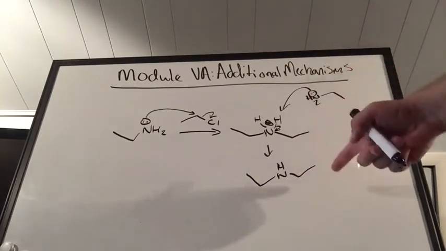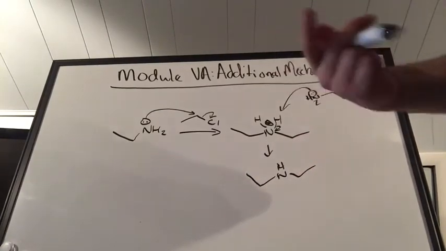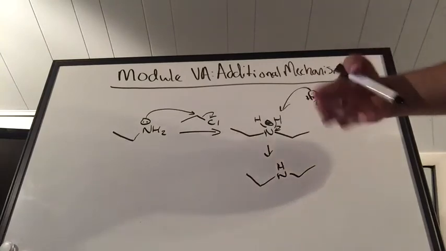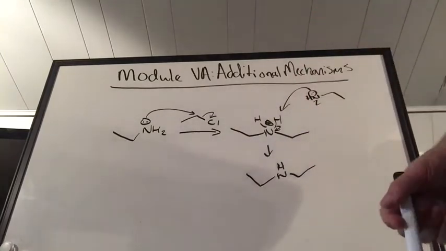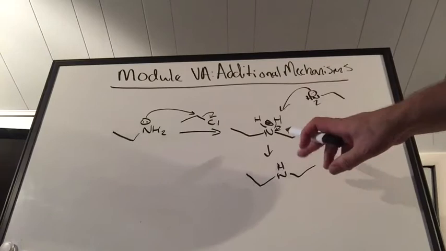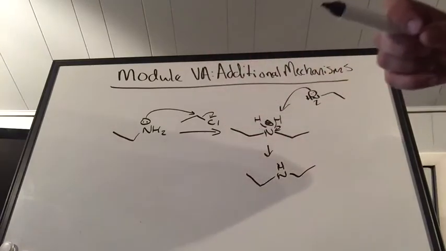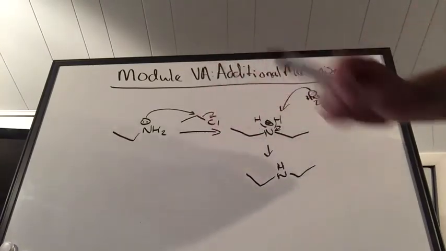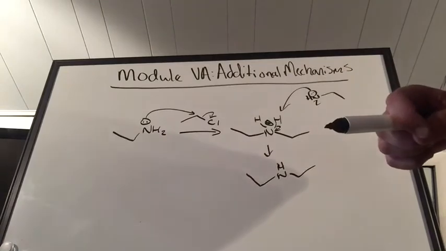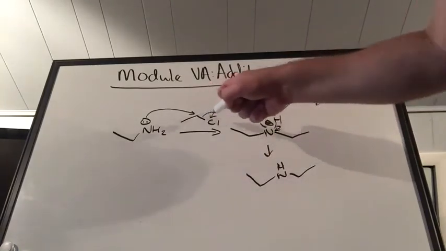So every time you add an alkyl group onto that nitrogen, it becomes primary, secondary, tertiary, and so on. Now, is this going to stop from one particular reaction or with one particular substrate?